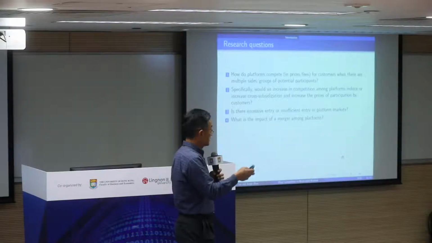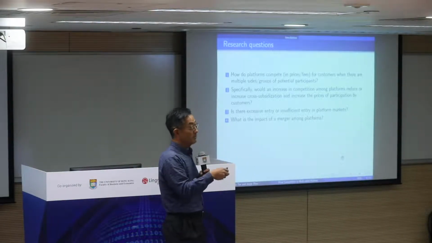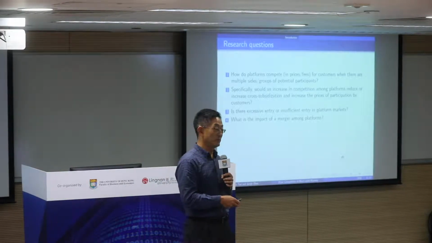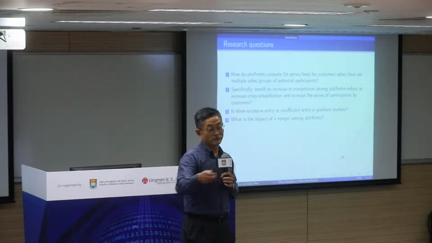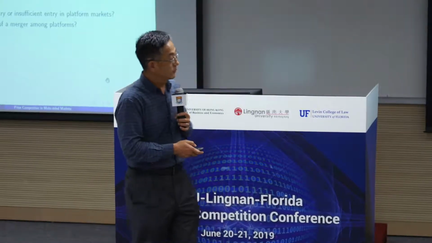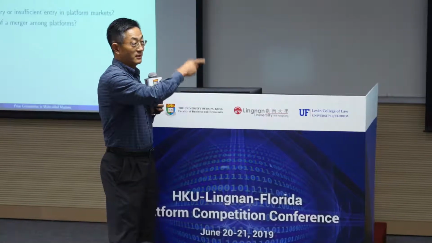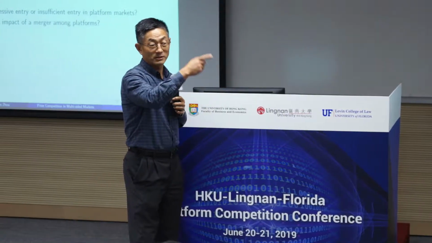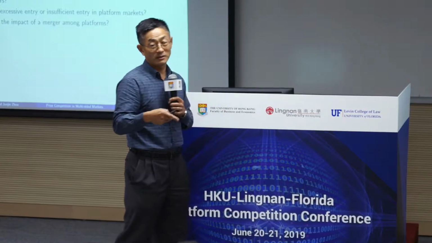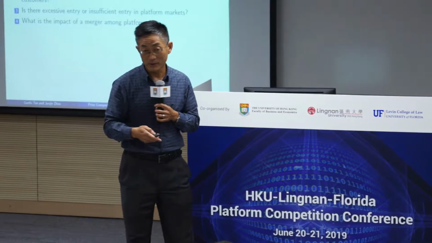We're not answering that question in this setting, but from our analysis, we'll be able to compute consumer welfare across different sides. We can try to balance it as you wish. So those are the kind of standard economics 101 type of questions, but we address those questions in the context of a multi-sided market.